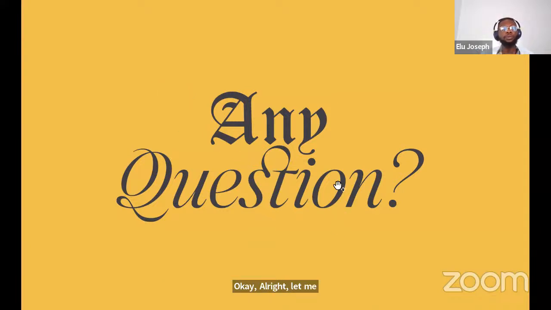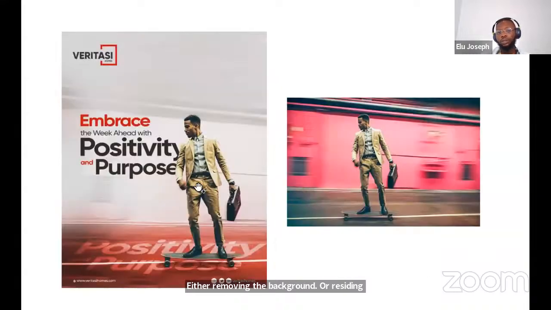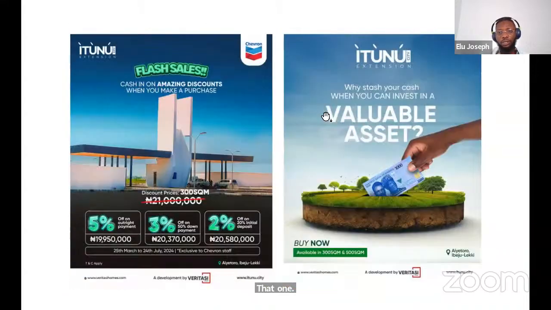Now I said editing images could be in various forms, either removing the background or resizing the image. This is a perfect example now. I changed the background of this image. I've done what? Edited it. That's one.